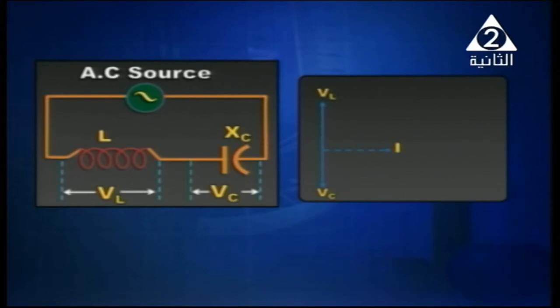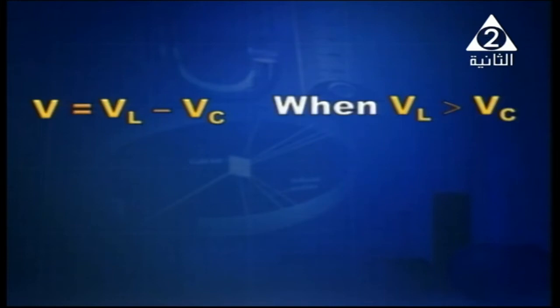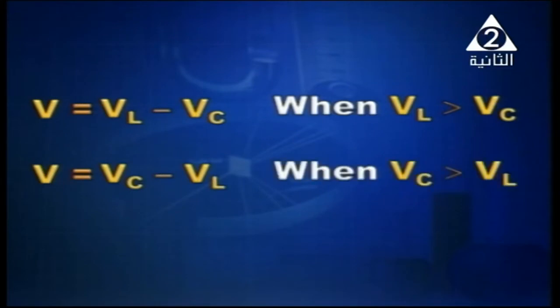And the vector diagram, the vector which represents the current, is shown in front of you. VL leads by 90 degrees, VC lags by 90 degrees. Okay, so it will be VL minus VC, but this happens when VL is greater than VC. So V equals VL minus VC when VL is greater than VC, or VC minus VL when VC is greater than VL.